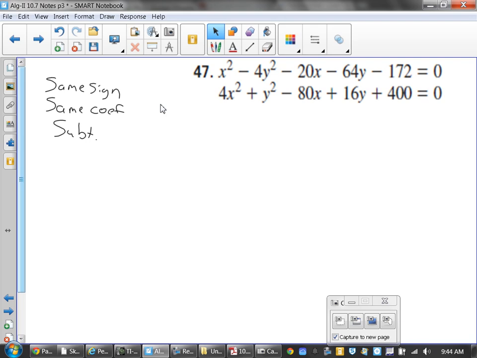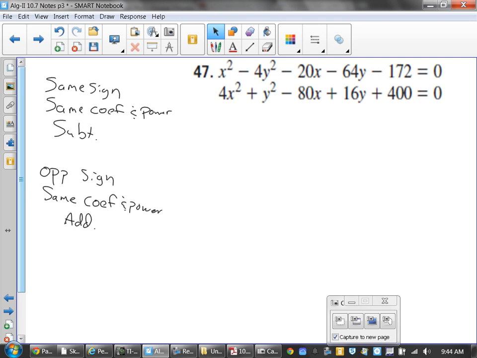And then if it was the opposite sign, same coefficient, we would add. What's different between the linear stuff and the quadratic stuff is that not only are you worrying about coefficients, you're also worrying about the degree. So this would be same coefficient and power. That's what's different now.